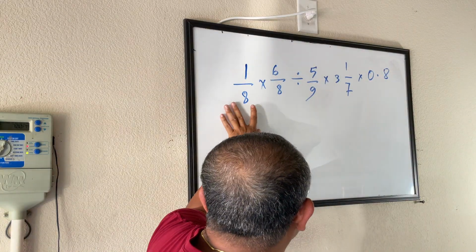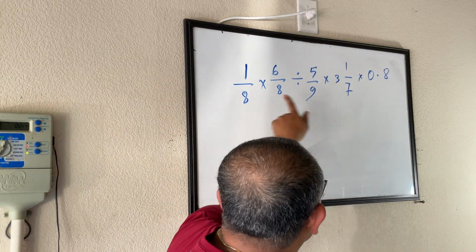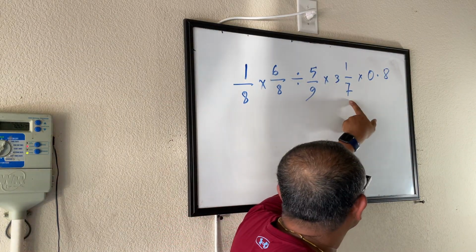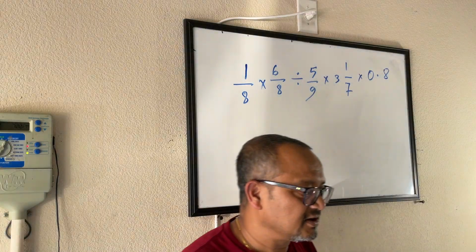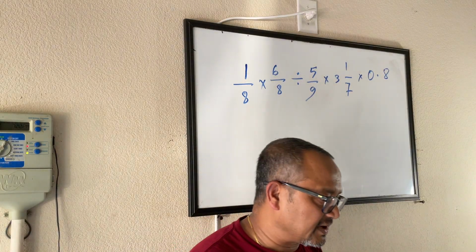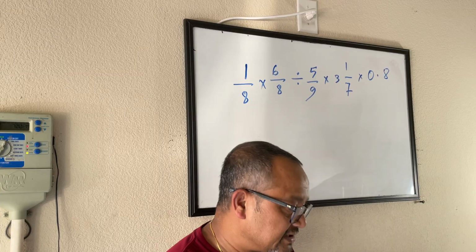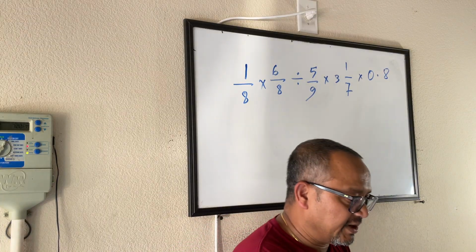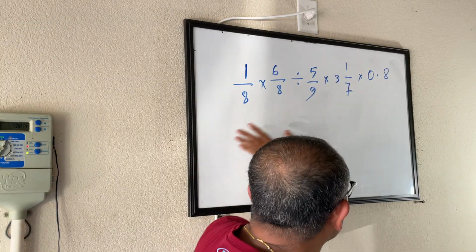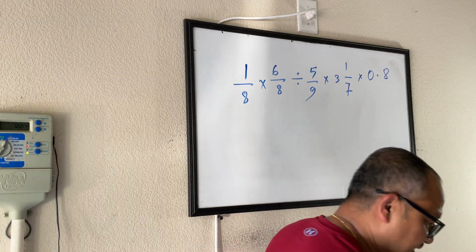So, you have a fraction, you have to do multiplication and division, then you have a mixed number, and then you have a decimal. So, 4 types of numbers you are dealing with. Let's see, how do you simplify it? And these are the opportunities to play with math, okay? There is no concept in this one. Let's see, how do you do this?